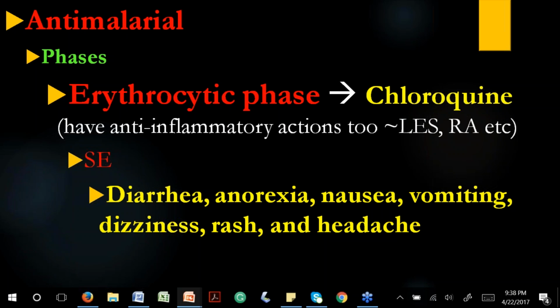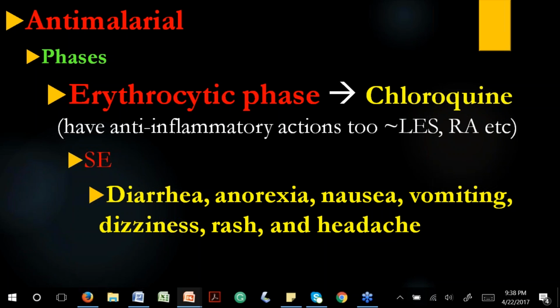Erythro means red, and cytic means cell. In this erythrocytic phase, the plasmodium starts to multiply, and chloroquine comes and kills the plasmodium.